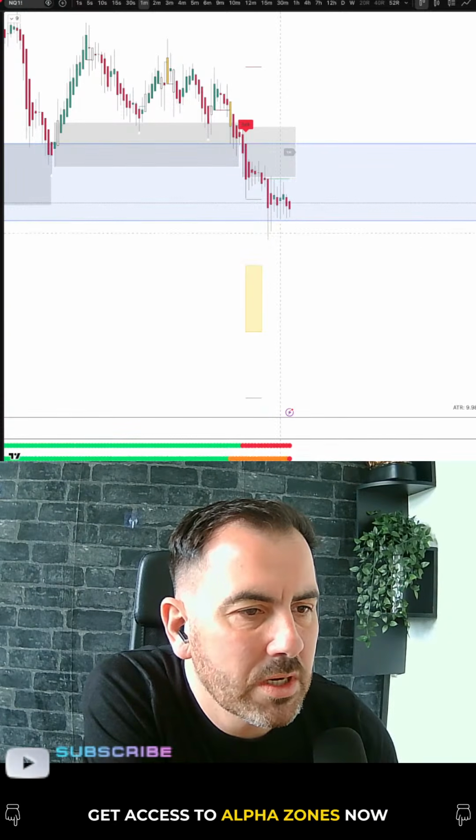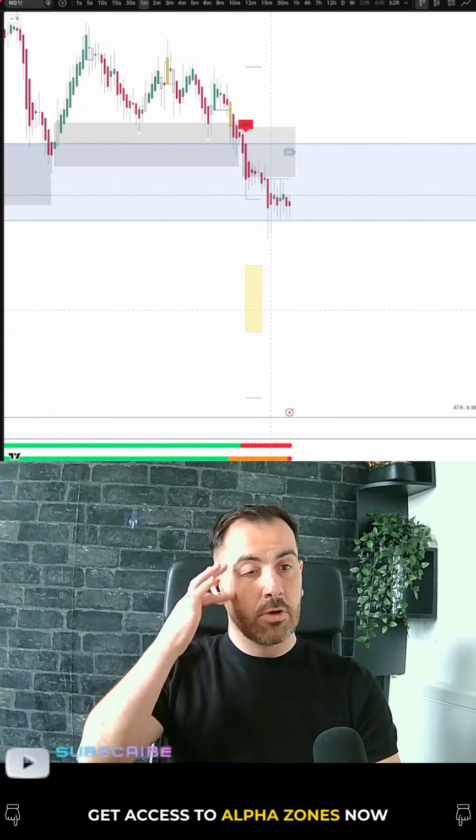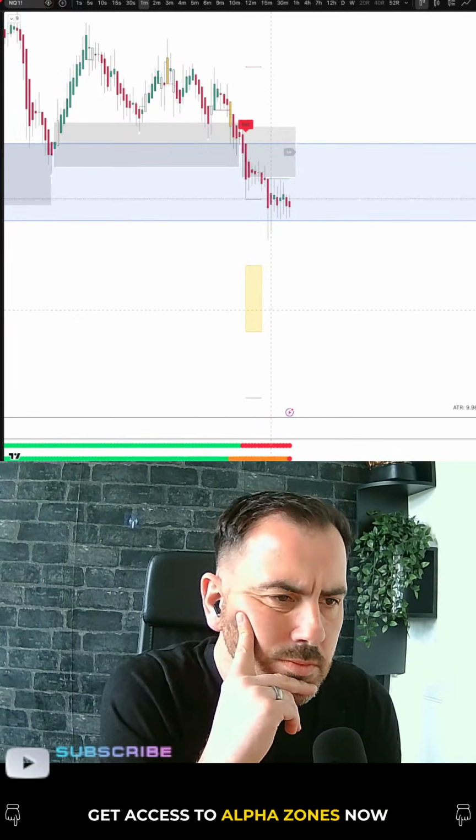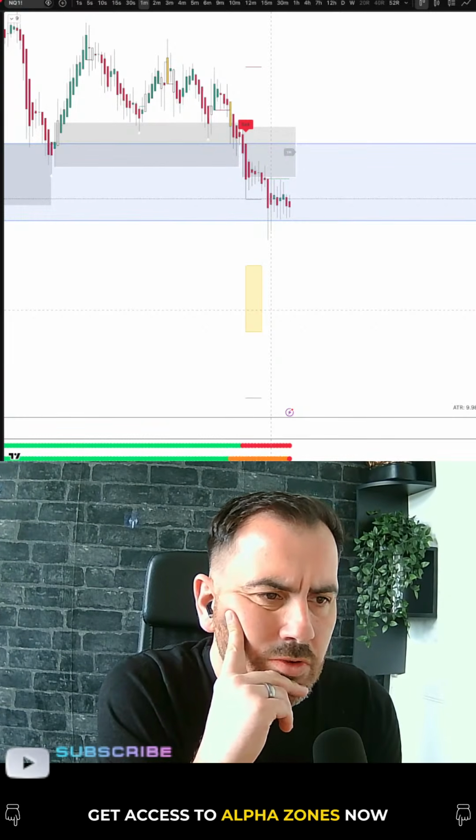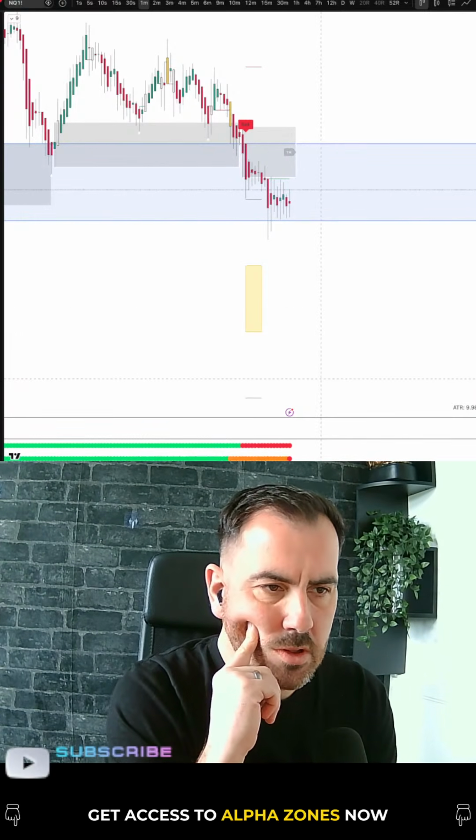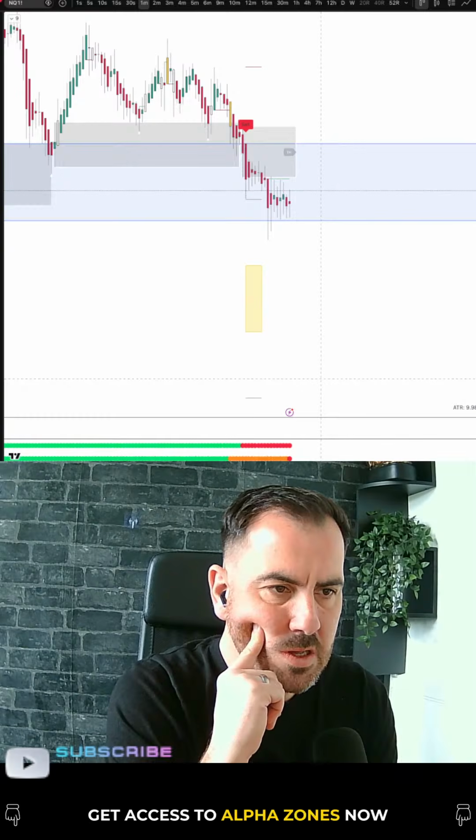But hopefully once it closes below here, we should start to get some movement. Right now we're just stuck in the Q zone. So we're staying here at the minute.